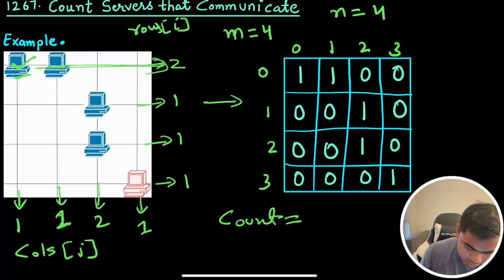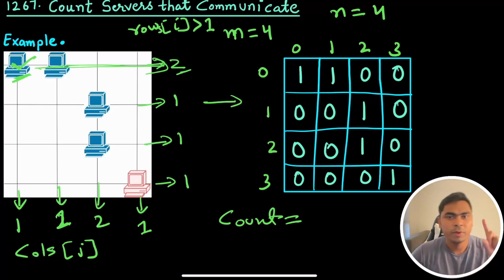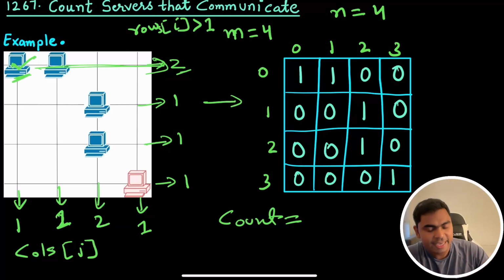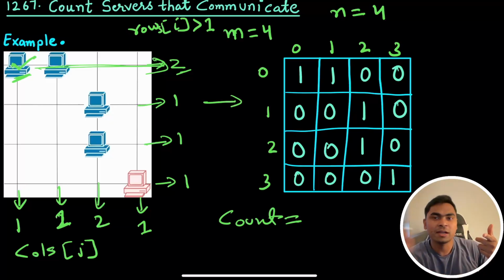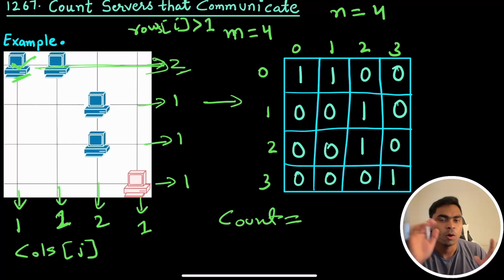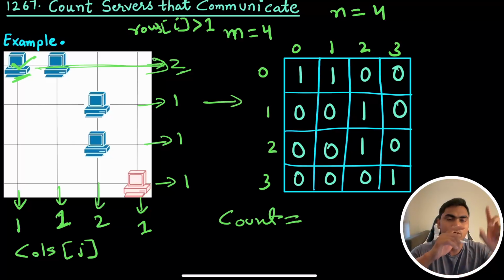So you can see this count has to be greater than 1. Why? Because we are only checking whenever we are on a cell that already has a 1. So one row can have 1 server, but that is not communicating if there is just 1 server on that particular row.